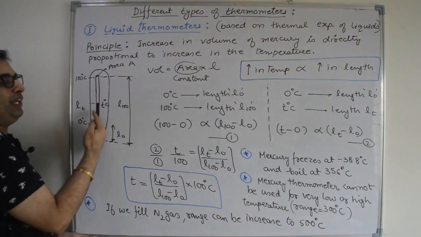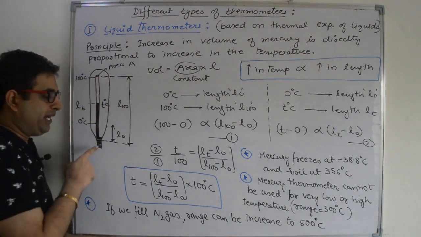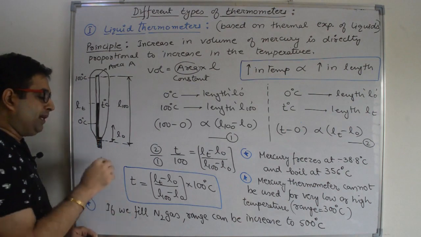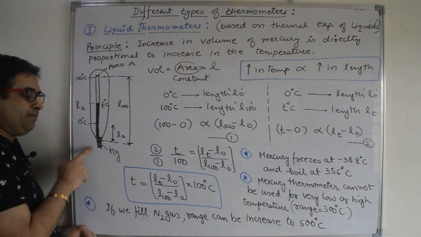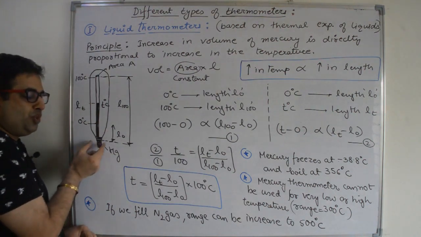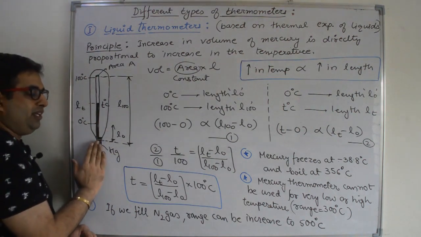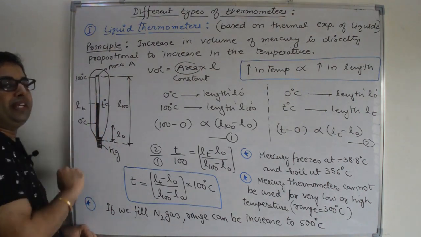Here we are taking a pipe, that is also known as a capillary tube, and this is the mercury bulb. Here we have mercury. If we increase the temperature of this mercury, then the mercury will expand. There is no space here, so the mercury will move in upward direction. So the level of the mercury will increase.